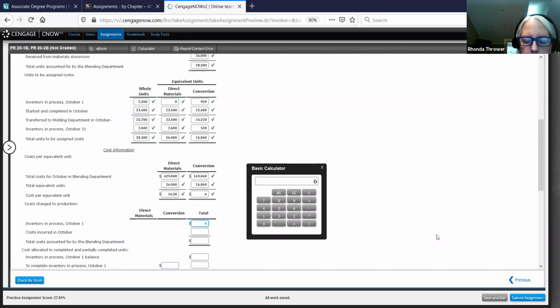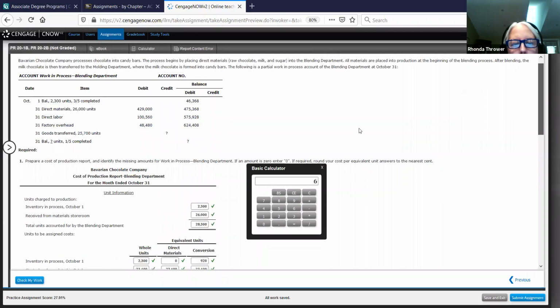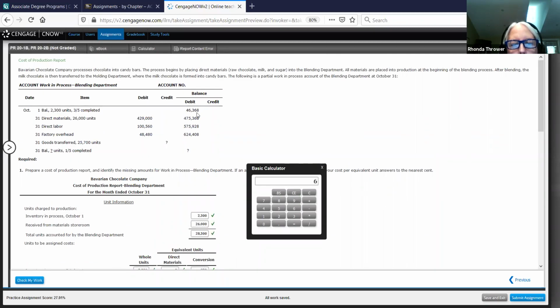So $46,368 is your beginning inventory cost that was brought forward. That came from there.